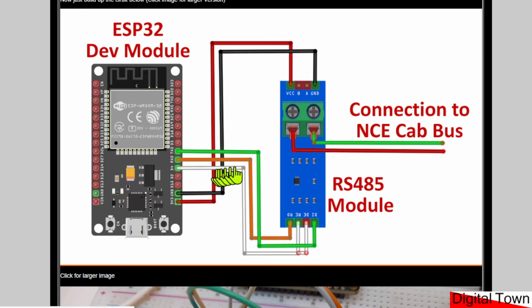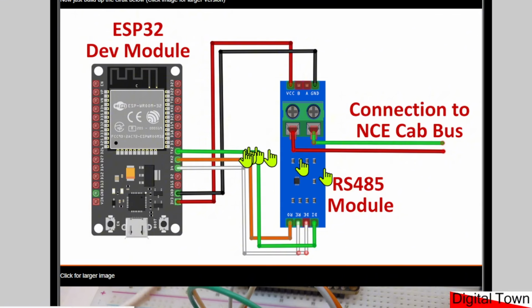There is one white connection here. Notice it goes to the DE and the RE. That goes to pin D4 in this example. And then we have RX2 going to RO and TX2 going to DI.